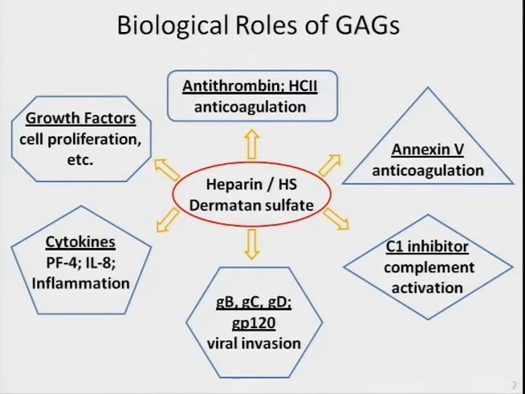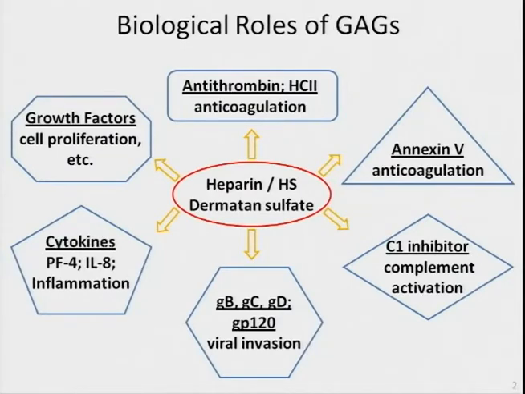Umesh mentioned the C1 inhibitor in the last talk, complement activation. There are interactions with glycoproteins that are associated with viruses, glycoproteins B, C, and D of the herpes simplex virus 1, and also the very well-known GP120 entry protein that's part of HIV. Also, there are important interactions with cytokines.